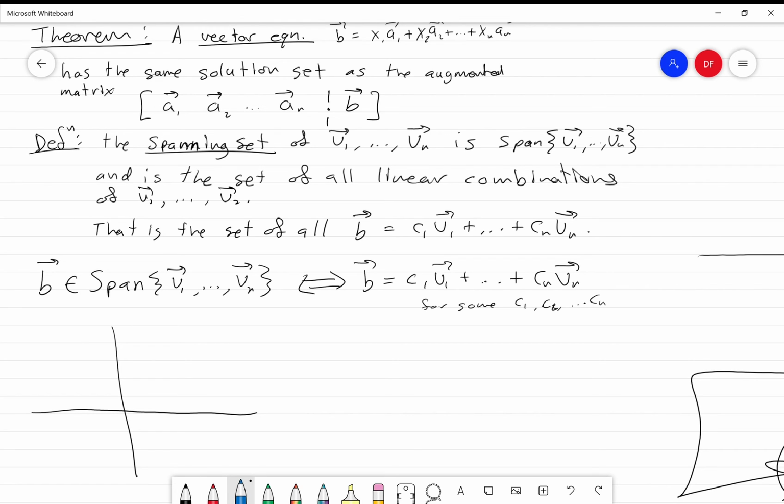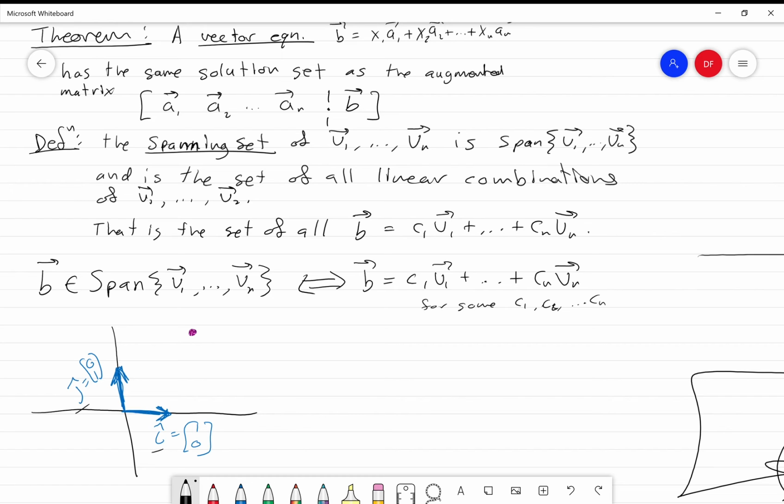If I have the vector i hat, which equals (1, 0), and I have the vector j hat, which equals (0, 1), any vector I choose in R2 can be represented as a linear combination of i hat and j hat.